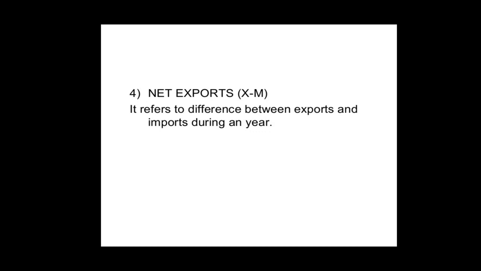The exported goods have been produced within the country's domestic territory, so they are included in output of an economy. Imports, on the other hand, is the expenditure incurred by residents on foreign products. Since imports are not produced within the domestic territory of a country, they are deducted to obtain domestic product.